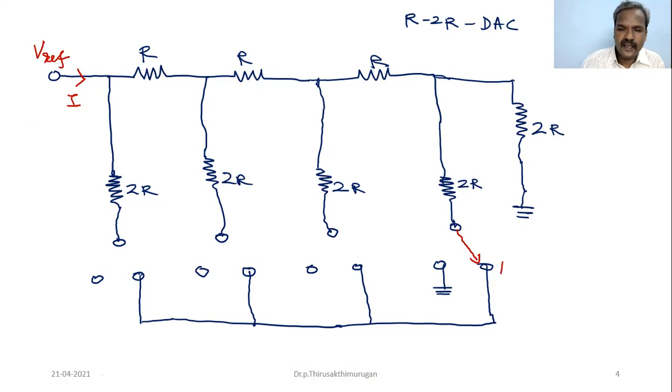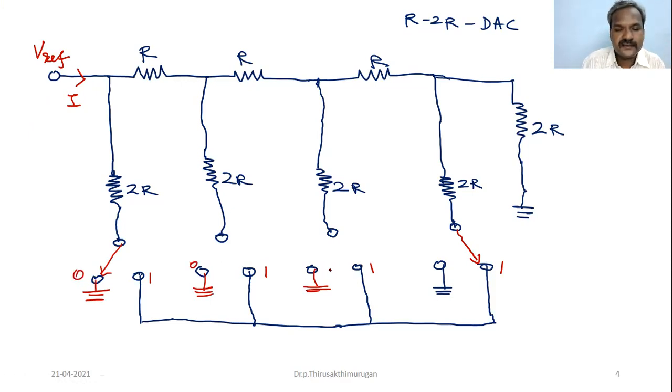Either this is high, high meaning plus 5 volt, or this is grounded, which is 0.